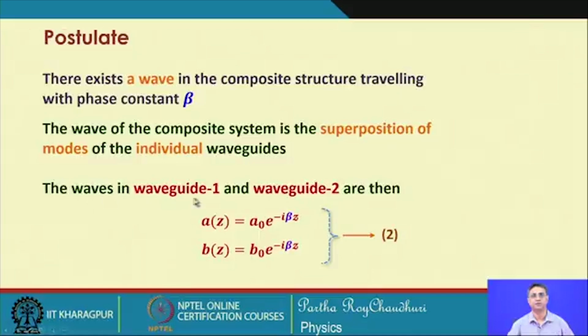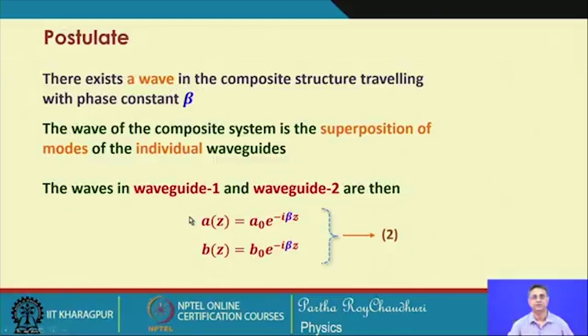The waves in waveguides 1 and 2 should then be expressed in terms of the wave of the composite structure. I call this wave of the composite structure as having a phase constant beta.